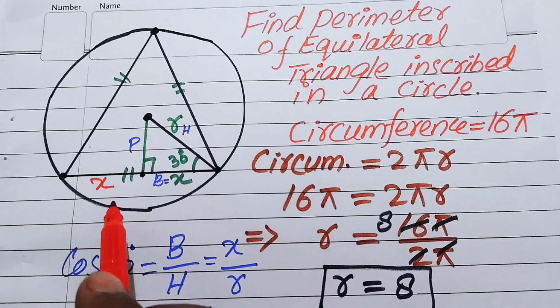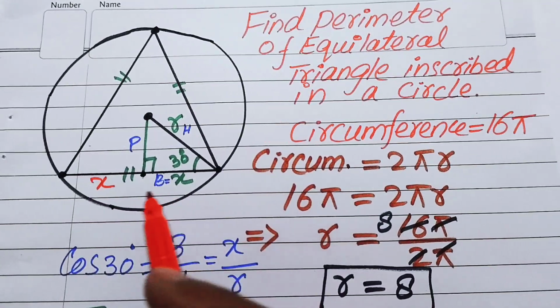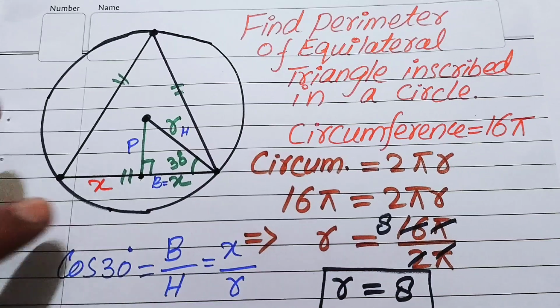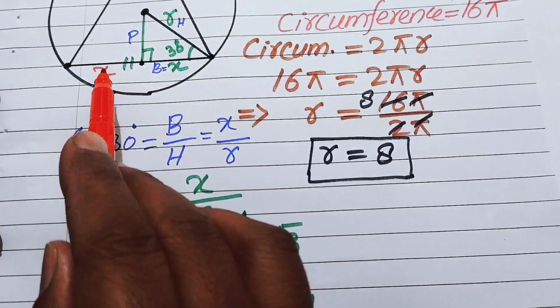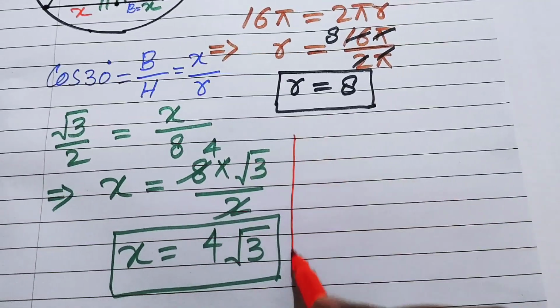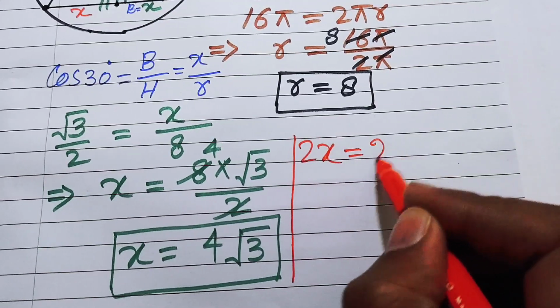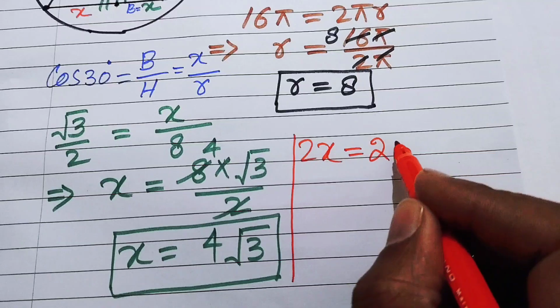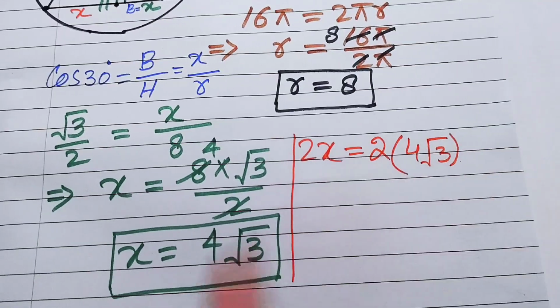So if the length of this side is 2x, we first find the value of x. The whole length equals 2 times x, which is 2 times 4 square root of 3.